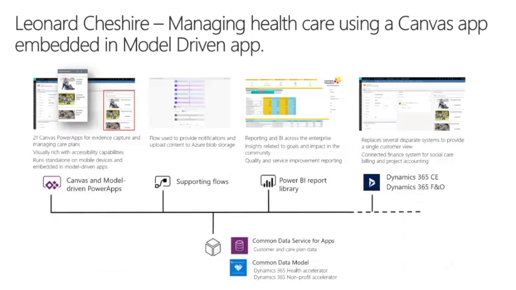They also use the health accelerator. Those are nice things to get started if you are in healthcare or some of those industry pillars that have an accelerator. When you get this accelerator, it automatically installs entities that are typical for that particular industry.